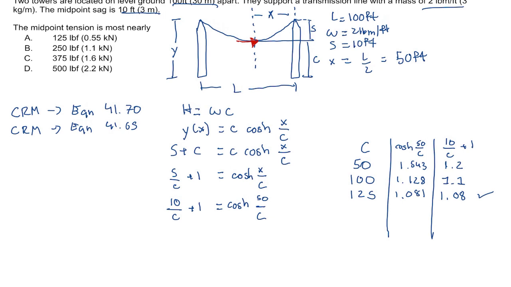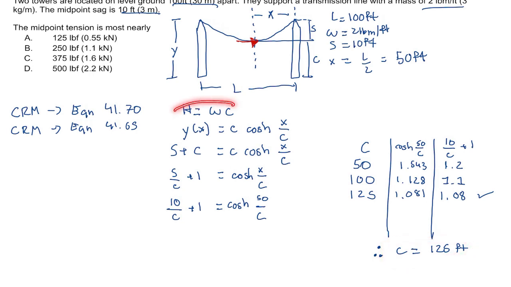That's good. I'll accept that. So in this case, we can conclude that C is equal to 125 feet. Always going to keep our units with us. That's awesome. So now we have C.